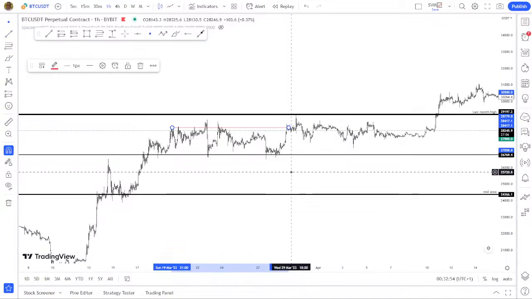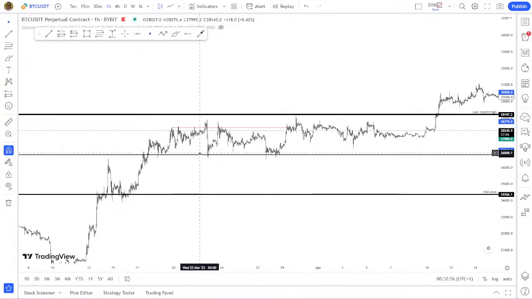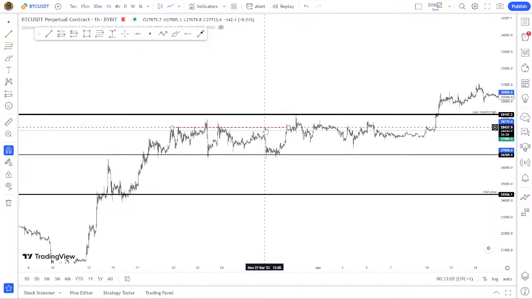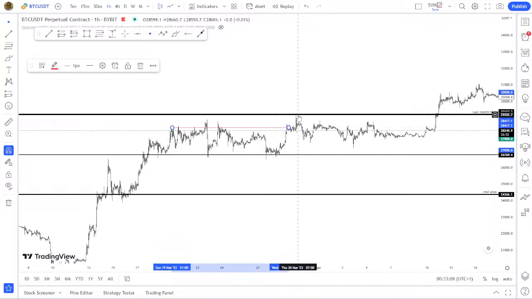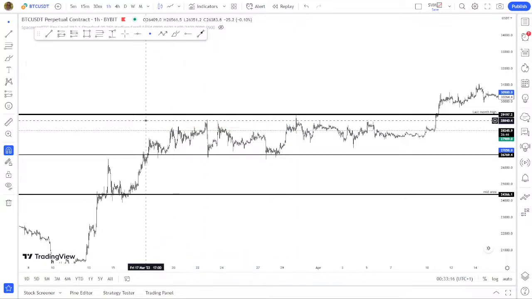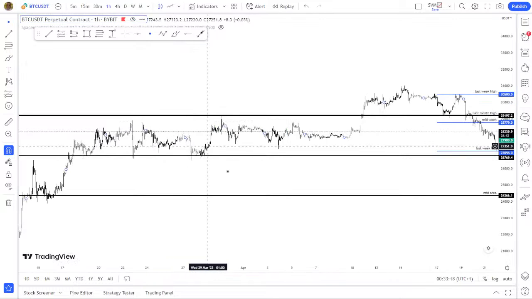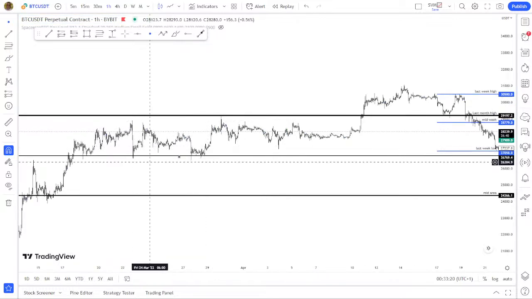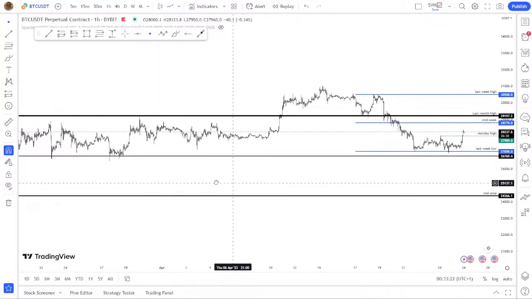If you had longed anywhere around this level, your first take profit should be around this red level area. You don't necessarily have to wait for it to get here, because sometimes it might not get here before it round trips. So you long here, look to the left at the previous resistance, then take profit at that level. Basically, I'm showing you that price has been respecting the levels I drew.